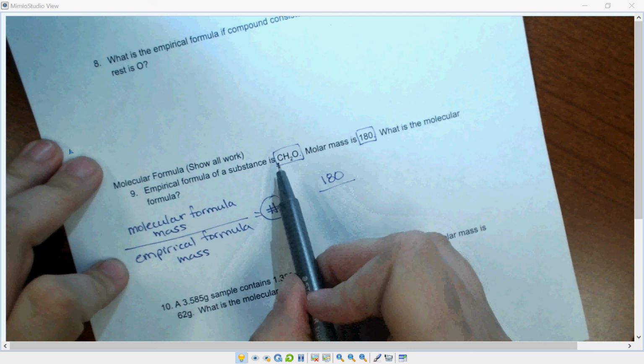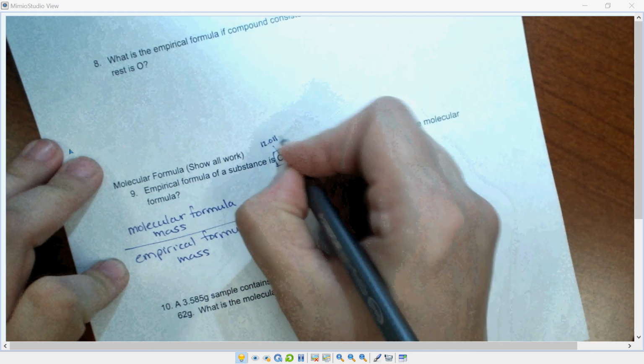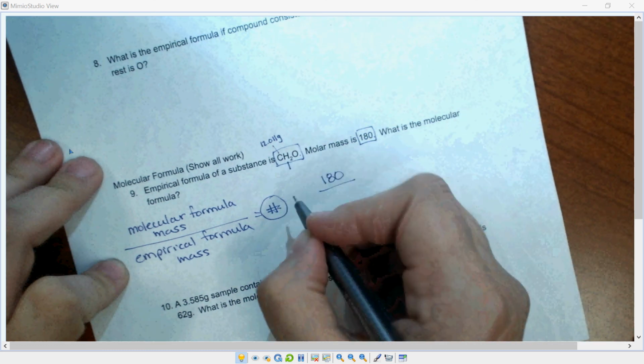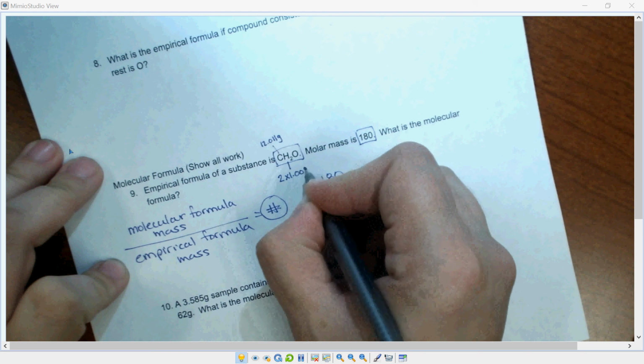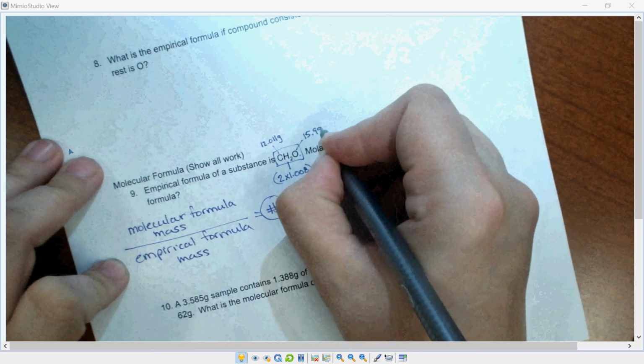So I find the molar mass of this. I got 12.011 grams from that one carbon. I got 2 hydrogens that are 1.008 grams apiece. And 1 oxygen at 15.999 grams.